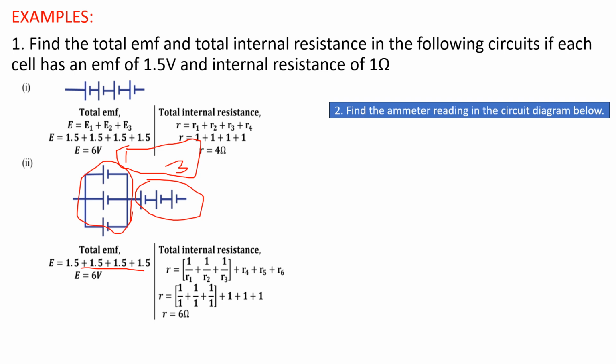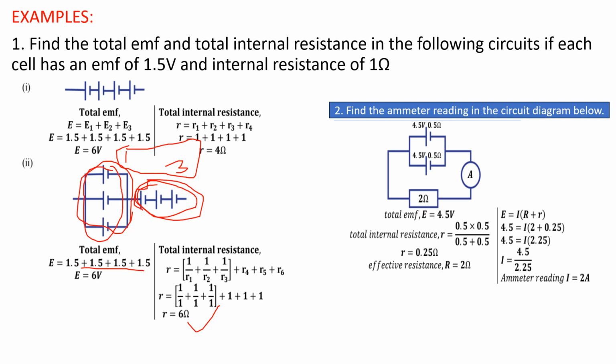For total resistance, you need to be careful. These ones here are in parallel, so I take the sum of the reciprocals of the individual resistances, and after getting that, I add to this individual one. I just keep adding them, so that's why I'm getting 6. For the next case, we have 2 dry cells. Since they are in parallel, they will be 4.5 volts, with internal resistances 0.5 and 0.5.